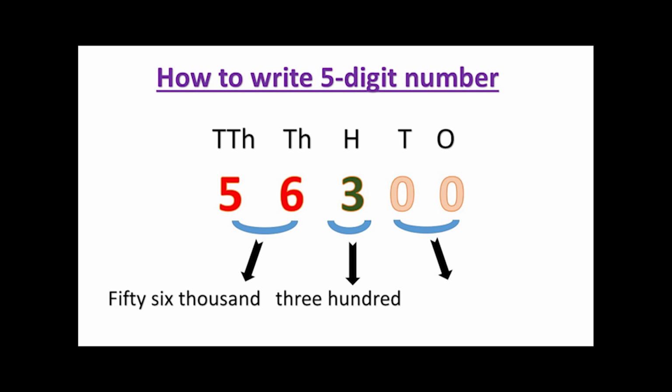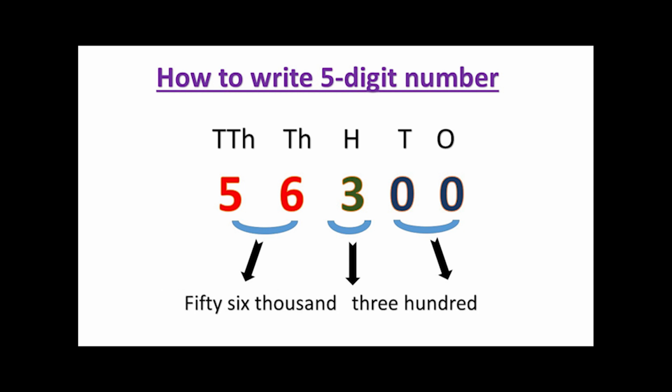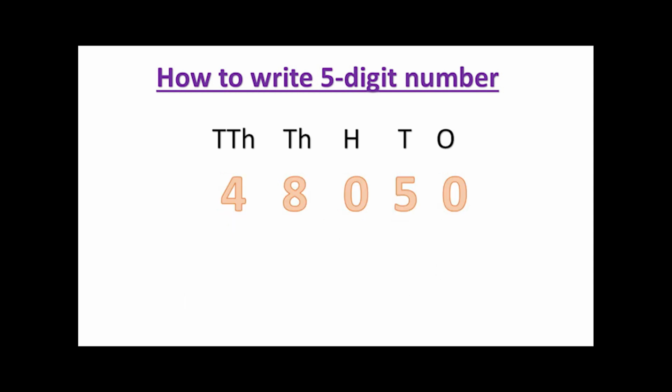Now, this 3 is in the hundreds place, meaning 300, and I have 00 in the tens and ones place. So I don't write anything. So I can read this number as 56,300.